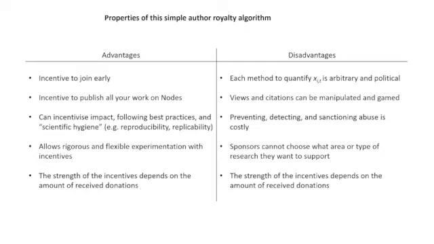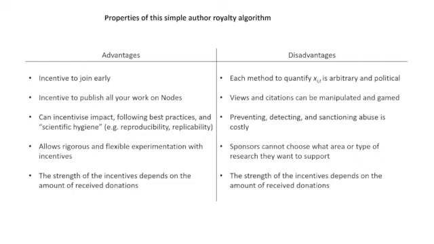It can incentivize impact, following best practice, and can also incentivize scientific hygiene, such as reproducibility or replicability. And it allows rigorous and flexible experimentation with the incentives. And then finally, the strength of the incentives that the system creates would largely depend on the amount of received donations, right? So on the token price. So that at the same time is also a disadvantage.